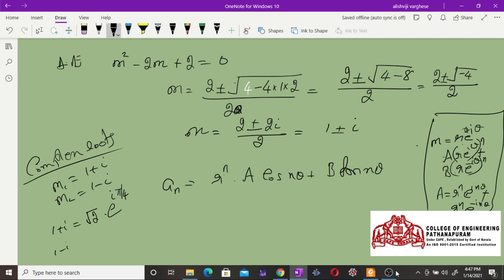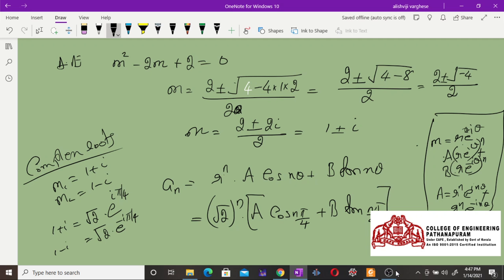And 1 minus i is equal to root 2 into e raised to minus i pi by 4. So substituting these two values in this expression, we have (root 2) raised to n into a cos n pi by 4 plus b sin n pi by 4.